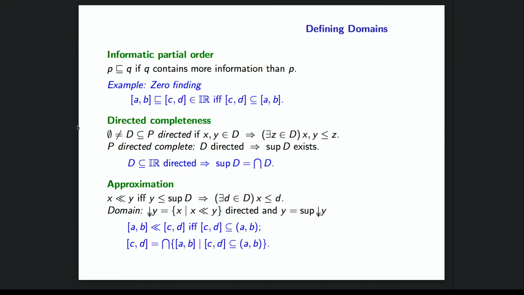And then CD is the intersection of all of the closed intervals that contain it in their interior. Okay, that's this expression of any closed interval. These are bounded intervals in the reals, of course, is the intersection of a filtered family of open intervals whose endpoints are finite that contain it. Okay? So this isn't the usual typical example, but it's one that shows you that domain theory has more to say than just about syntax of programming languages and denotational models.